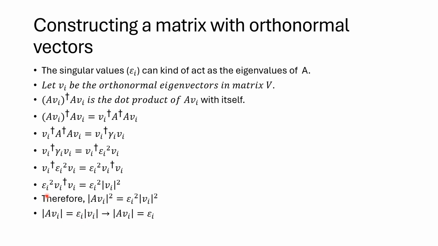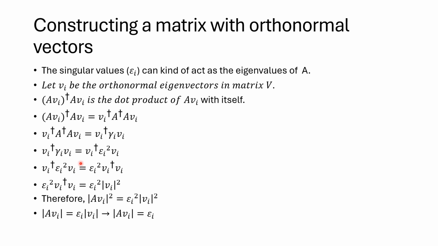Now, this kind of resembles the classic eigenvalue eigenvector equation, right? We have our matrix A here, we have the eigenvectors V on both sides, and then we have the eigenvalue. But the only exception is that we're dealing with the magnitude instead of the actual transformations being applied to the vectors, right?